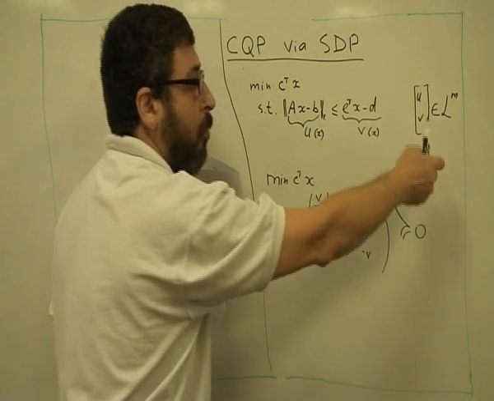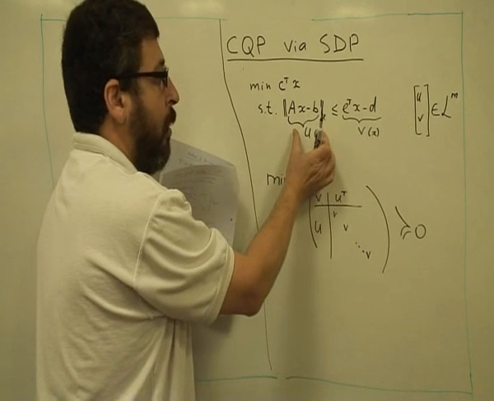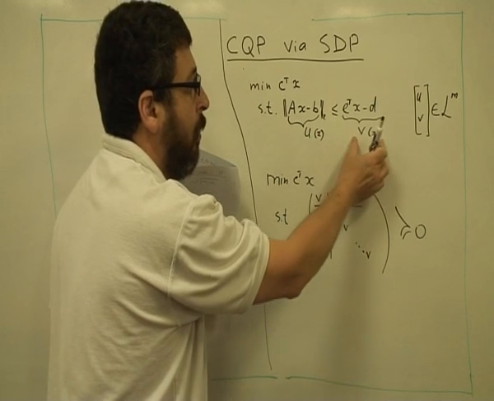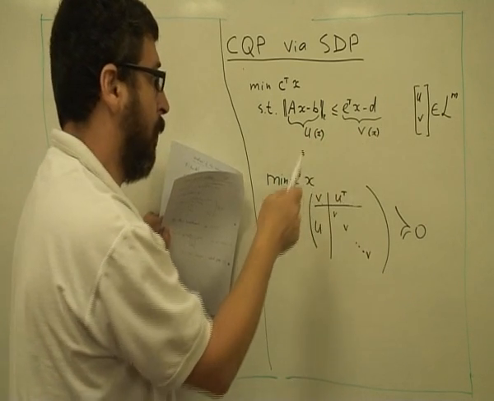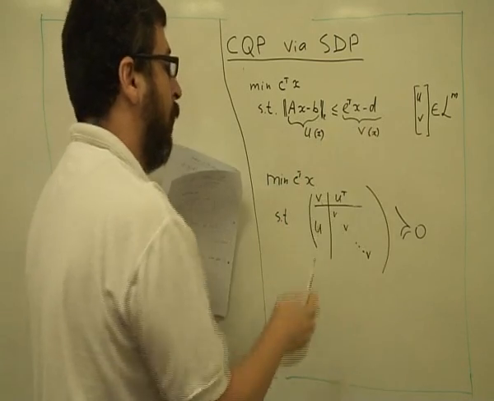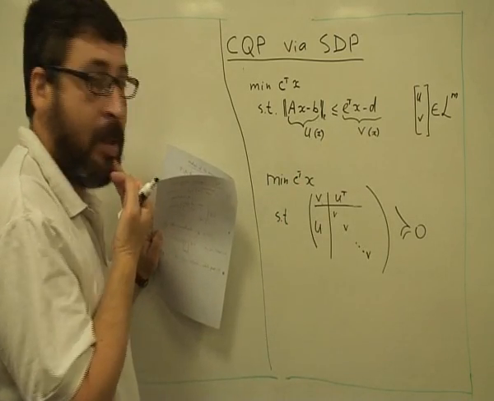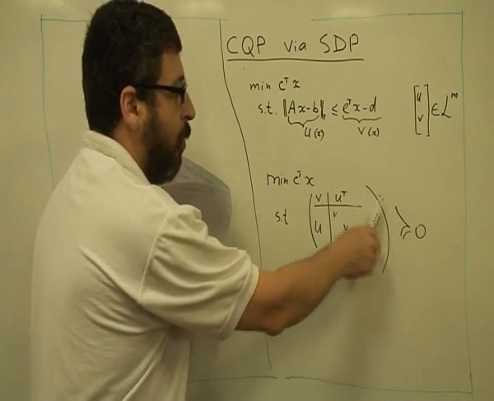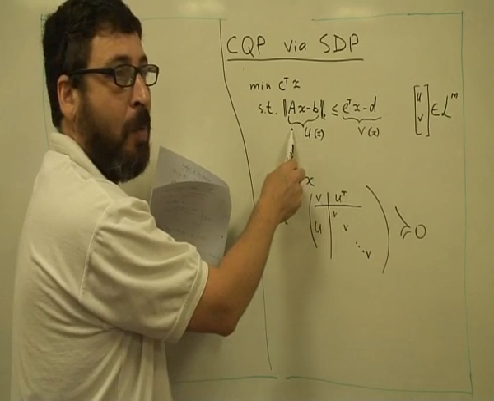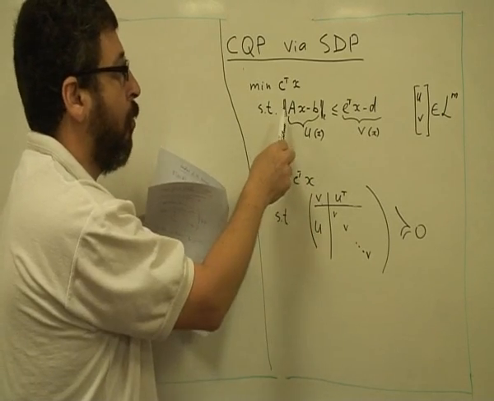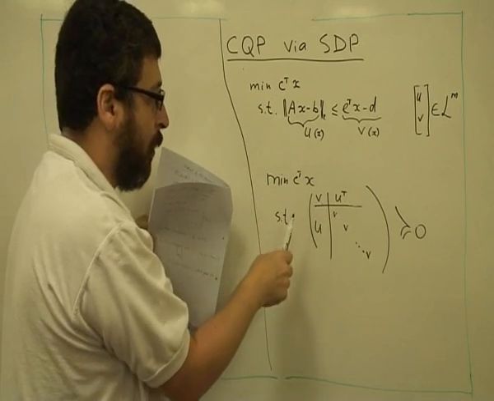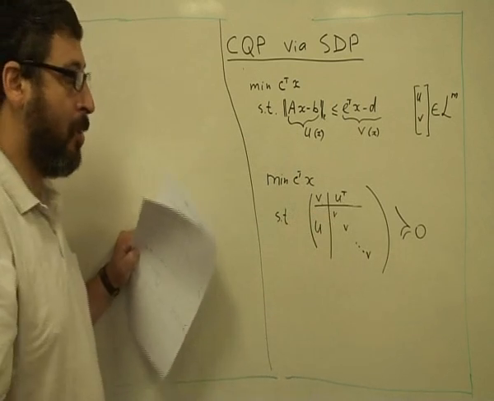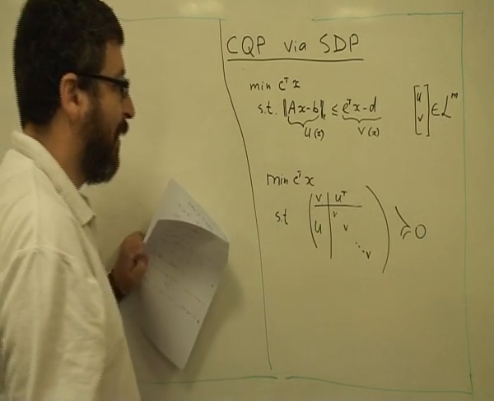It should belong to Lorentz cone, meaning norm 2 of u less or equal than v. And here are expressions for u and v. And the claim is that this semi-definite program is equivalent to conic quadratic one, and we will show this equivalence again using Schur complement lemma.